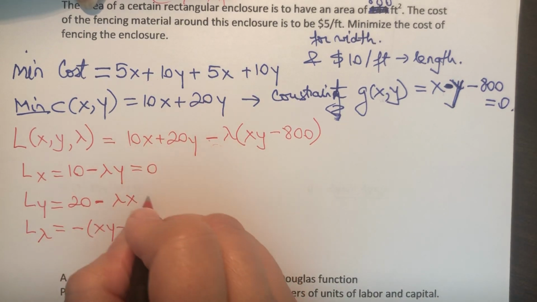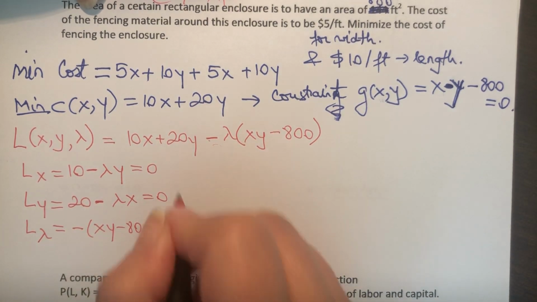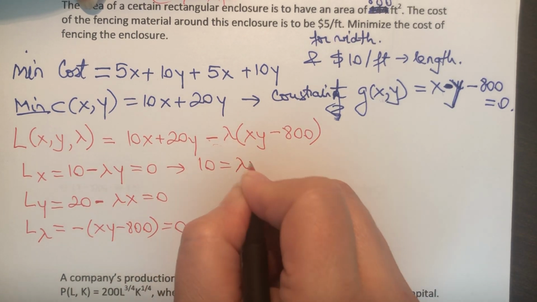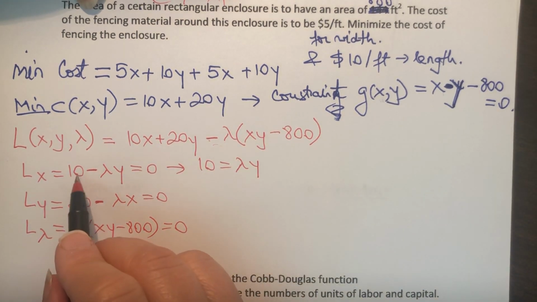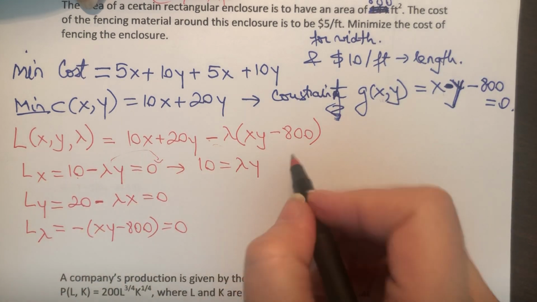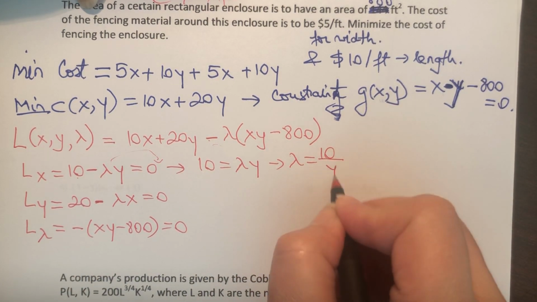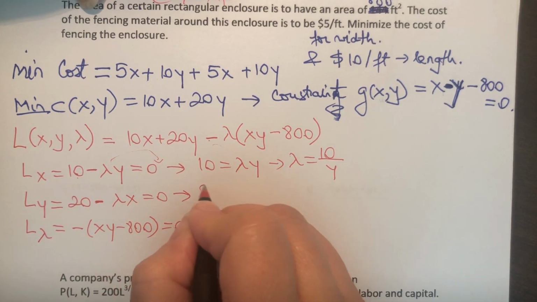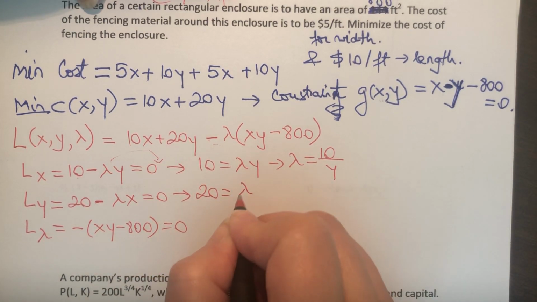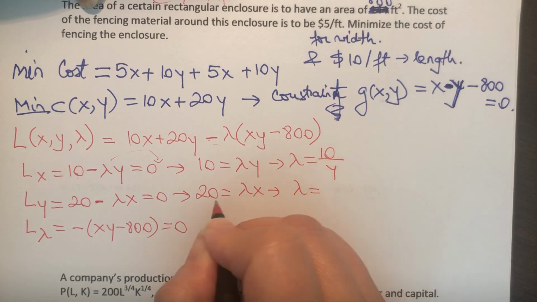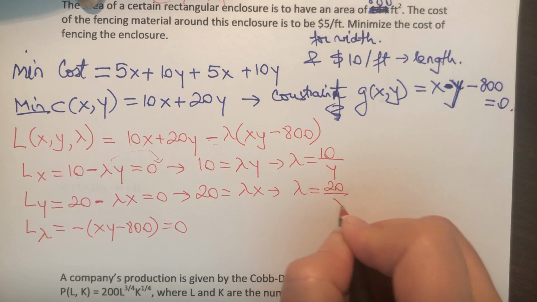Set them all equal to 0 and solve the top two for lambda. So 10 equals lambda y, which means lambda is 10 divided by y. 20 is equal to lambda x, which means lambda is equal to 20 divided by x.